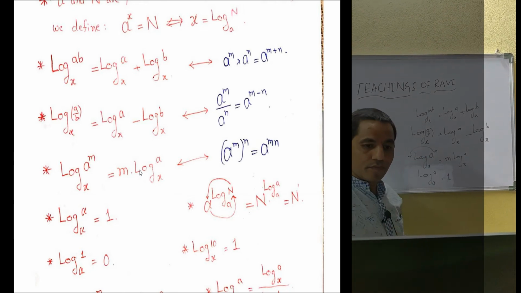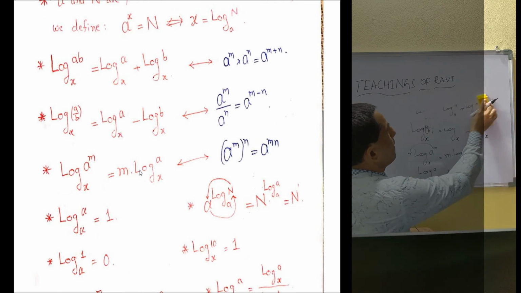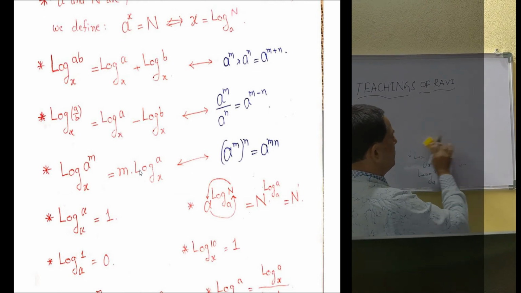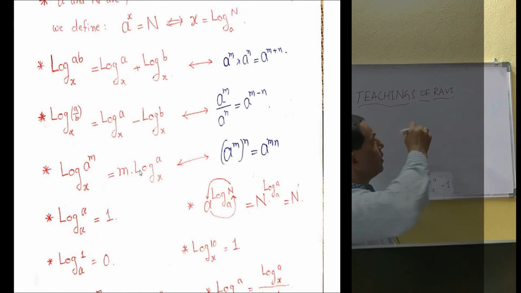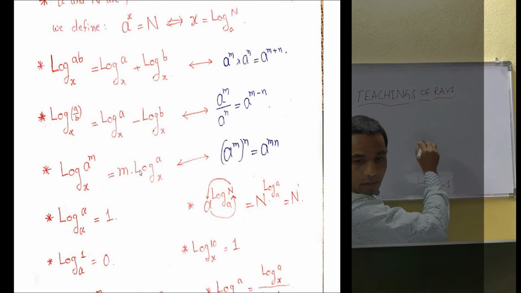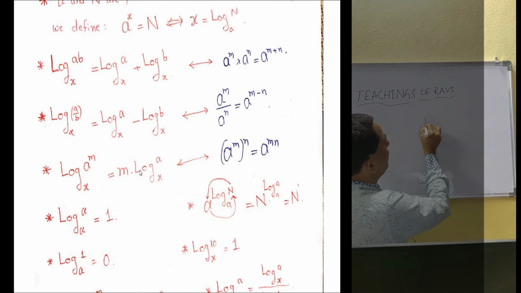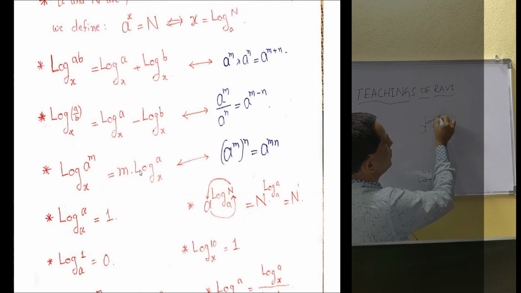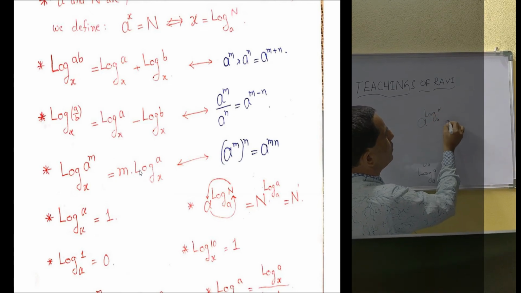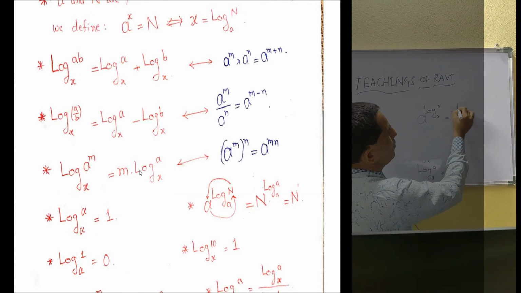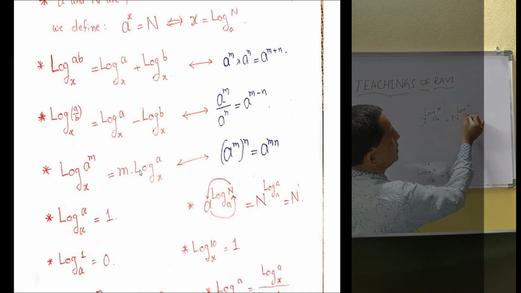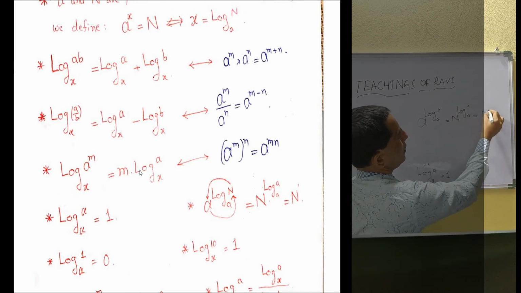Next one: A to the power of log n to the base A is equal to n to the power of log A base A, which is equal to n to the power of 1.